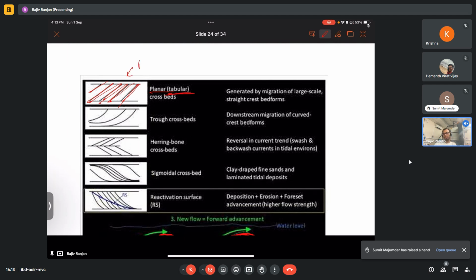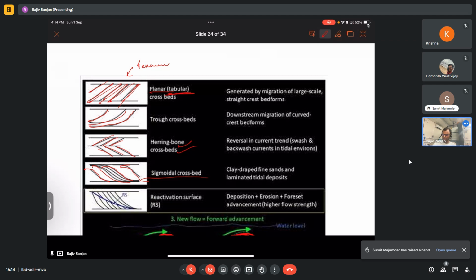This is not a penecontemporaneous structure. In trough cross beds, you can see asymptotic structures. Herringbone cross beds we saw earlier also. And sigmoidal cross beds: here you cannot tell the top and bottom, because both the top and the bottom are asymptotic.